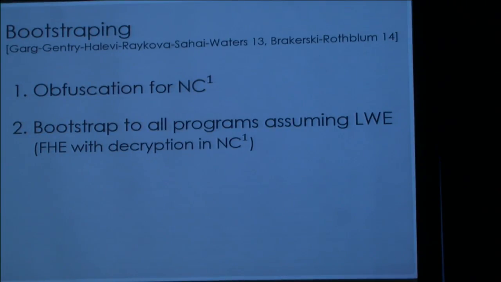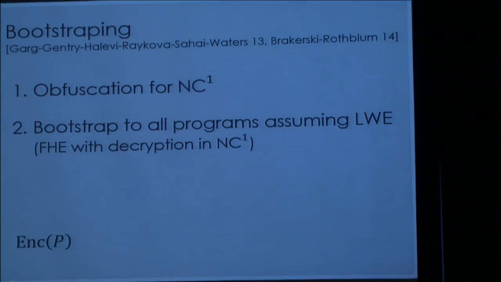Specifically, what we need for bootstrapping is fully homomorphic encryption that has the property that decryption can be executed in NC1. And we can get this based on the hardness of LWE. I'm not going to describe the bootstrapping step in detail, I'll just give you the very high-level idea.